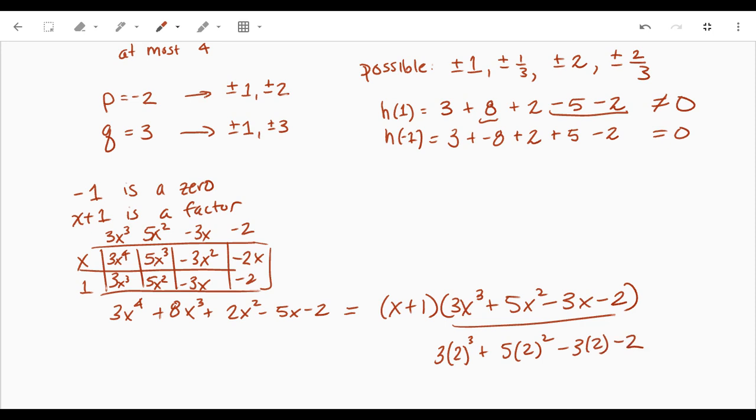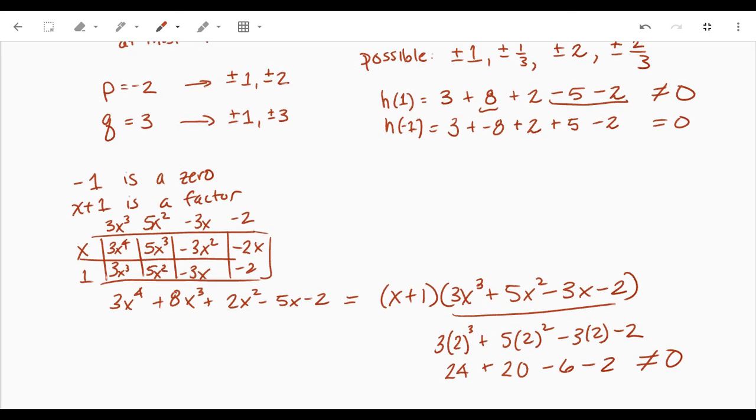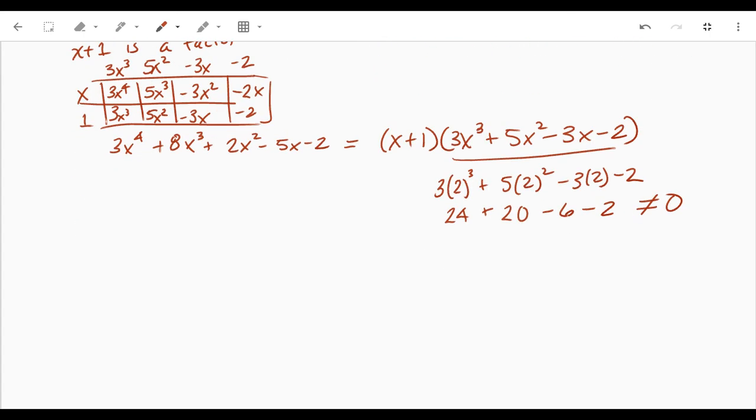2 cubed is 8. 8 times 3 is 24. 2 squared is 4. 4 times 5 is 20. Minus 6 minus 2. That's not going to be 0. Okay? And then I can test it with negative 2. Okay, so we're going to have negative 2 cubed will be negative 8.